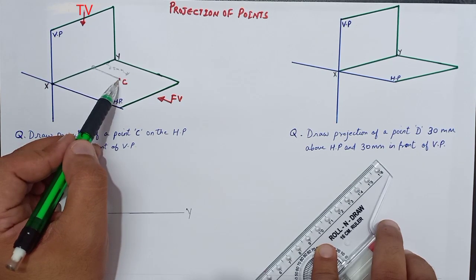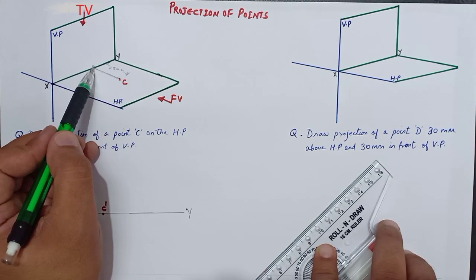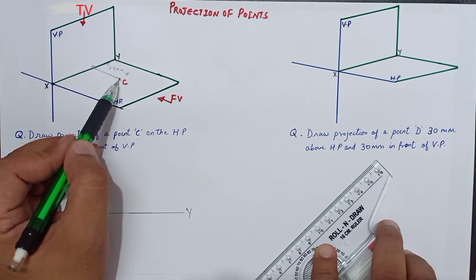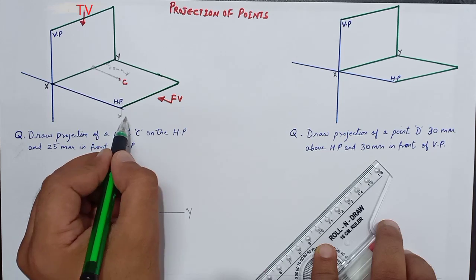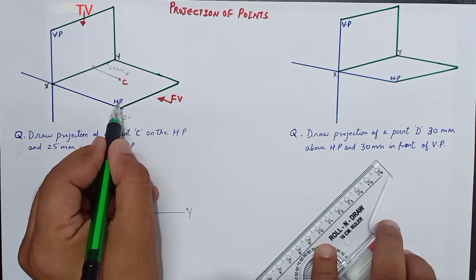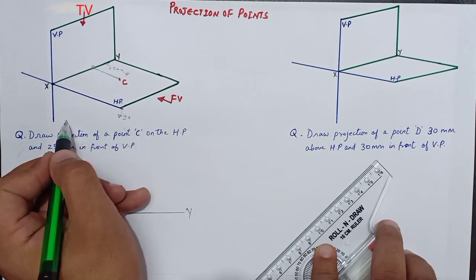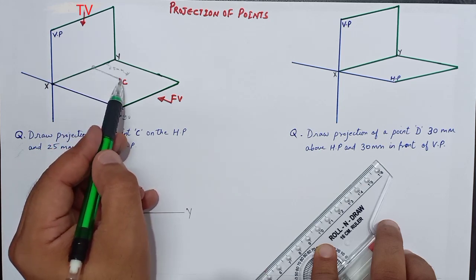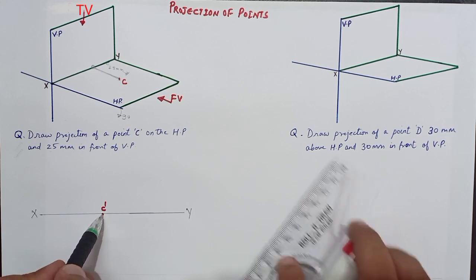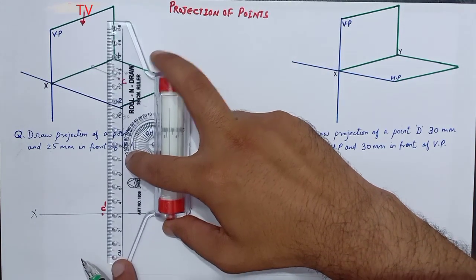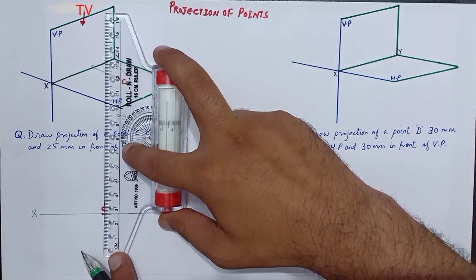Now the next, when we look from top view, we can see point C is at a distance 25 mm from XY line or 25 mm in front of vertical plane, and on rotating horizontal plane 90 degree clockwise, the horizontal plane will move below XY line. So this 25 mm will be seen below XY line. So we can measure 25 mm below XY line.